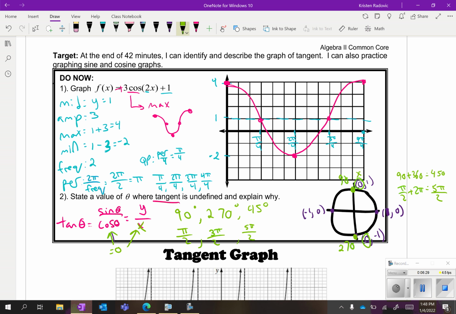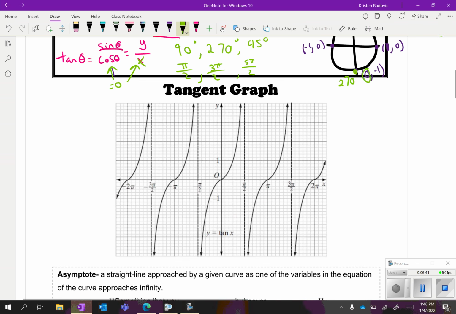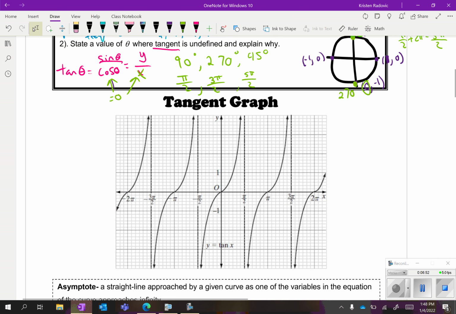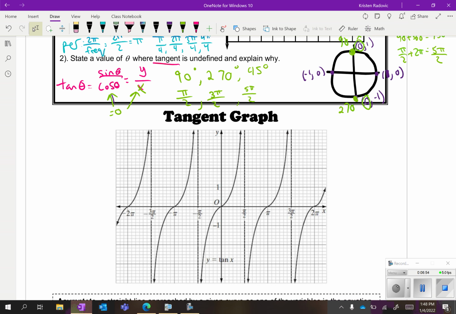And remember, when something is undefined on the graph, we have those vertical barriers that we can't cross, and those are called our asymptotes. So when we see the graph of tangent, it's going to have a bunch of asymptotes. They're going to be everywhere. Because of coterminal angles, you can keep going around the circle and hitting these top and bottom points.